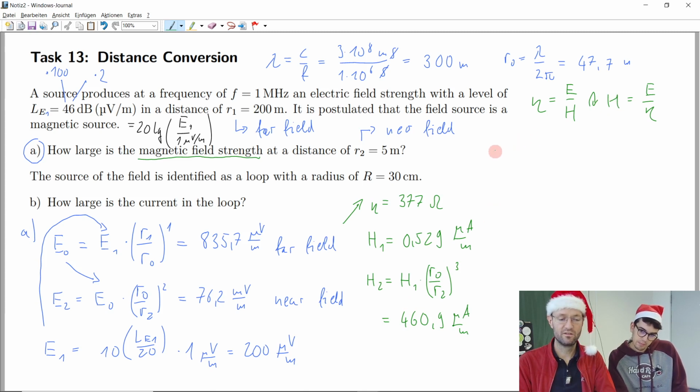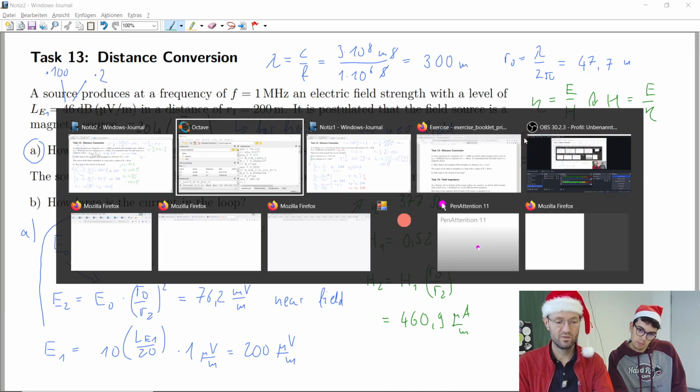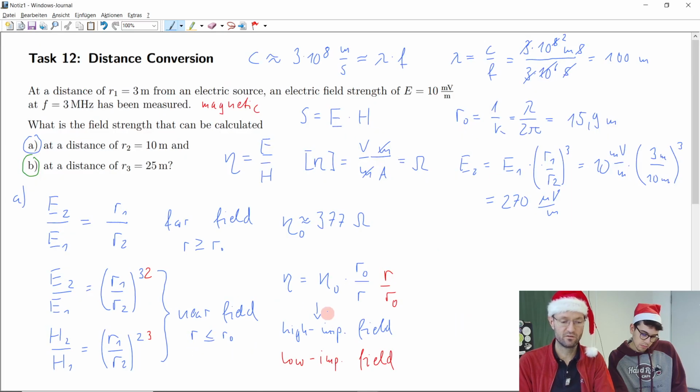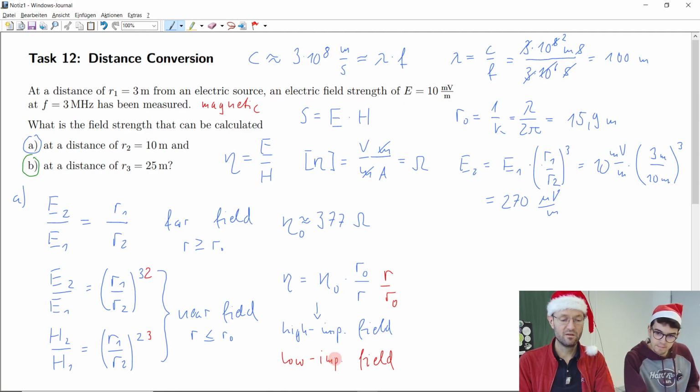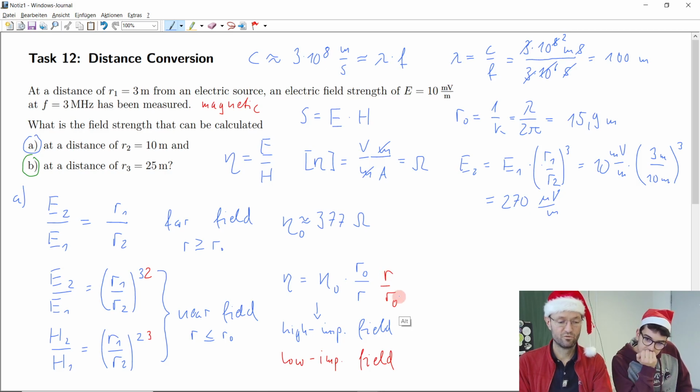And so in the near field, our eta at this position 2, so now we take the formula that we have also already written down for the task before. So eta in the low impedance field in the magnetic near field is eta 0 multiplied with R divided by R0.